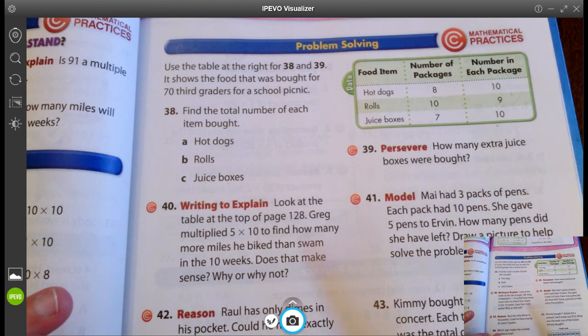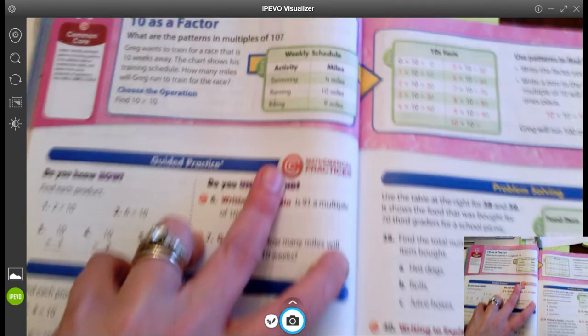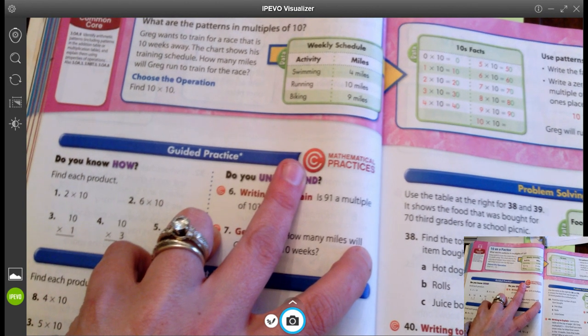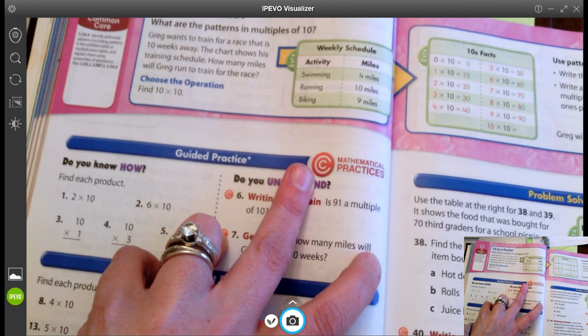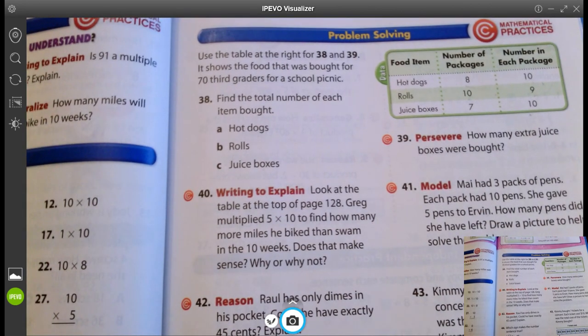Okay. If you look on page 40, look at the tabletop on page 128, which is right here, the top of your page. It says Greg multiplied 5 times 10 to find out how many more miles he biked than swam. Does that make sense? Why or why not? So you're just going to explain on this one.